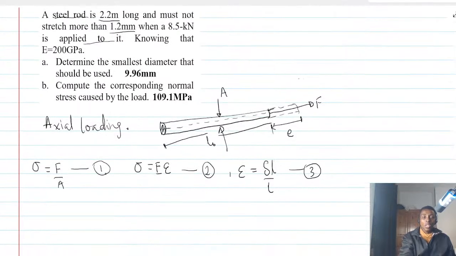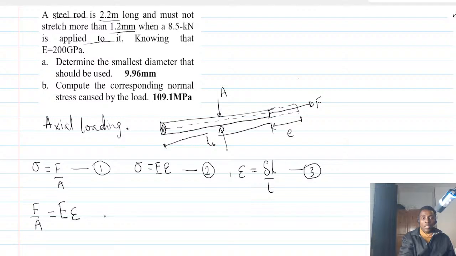Now, since stress is force over area, then we can say that equation 1 and 2 are the same. So I can say that force over area is equal to the Young's modulus multiplied by the strain.